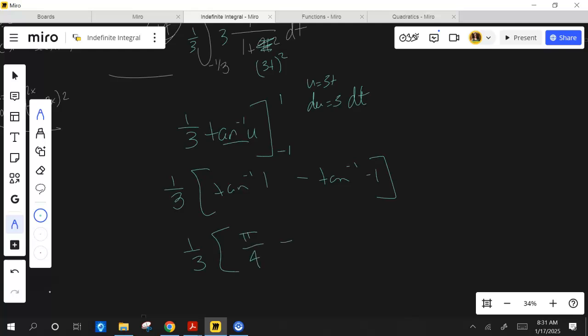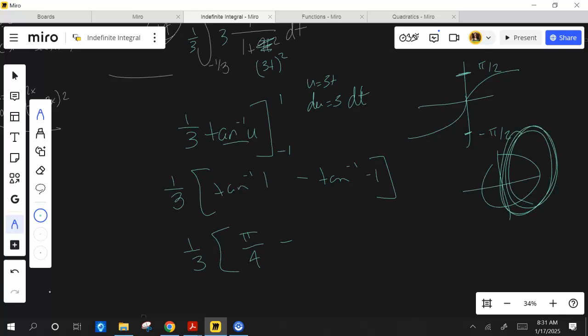Where is tangent negative 1? Here's where you have to remember that domain restriction of inverse tangent. Inverse tangent runs from negative pi over 2 to pi over 2. So you got to stay in this area. Negative pi over 4.